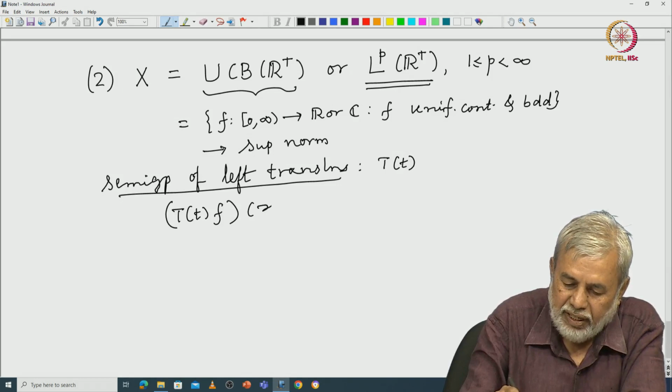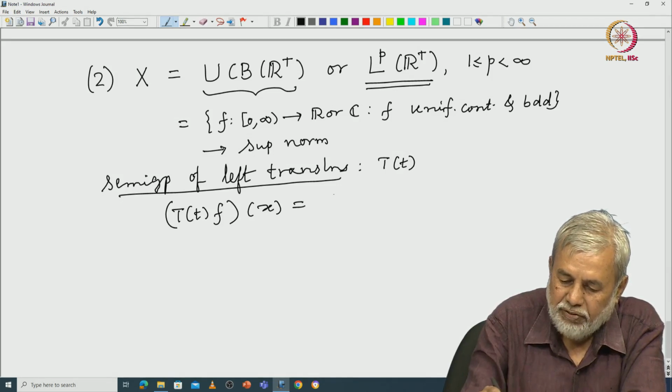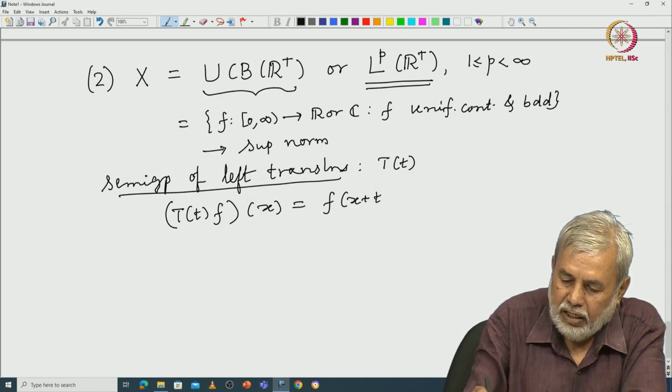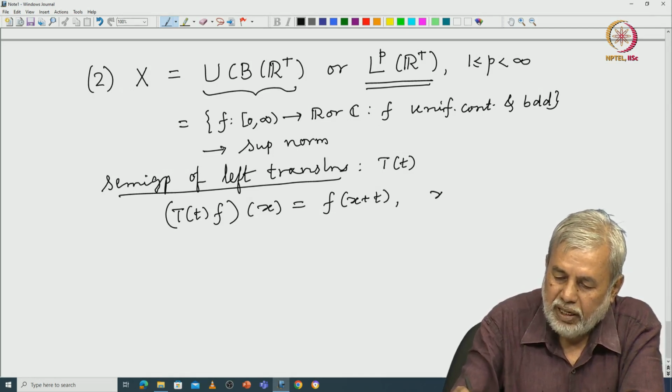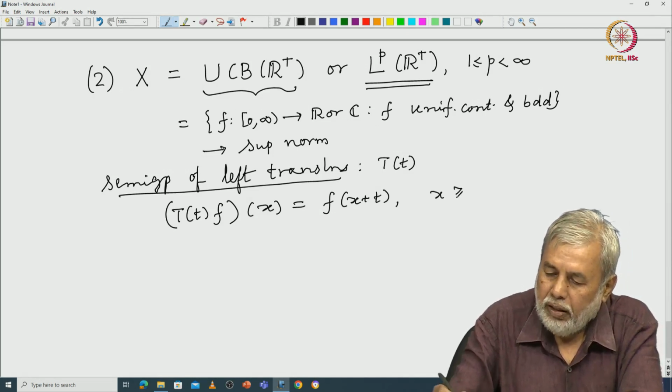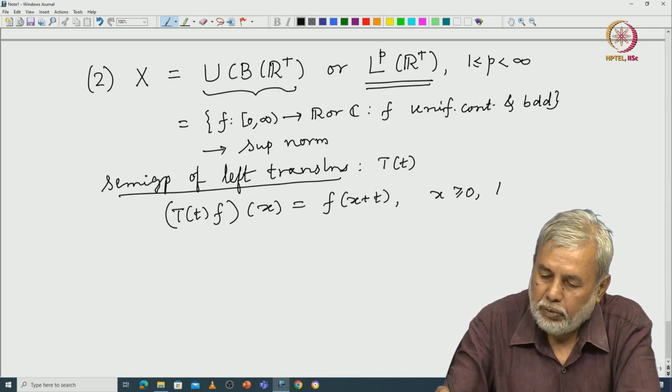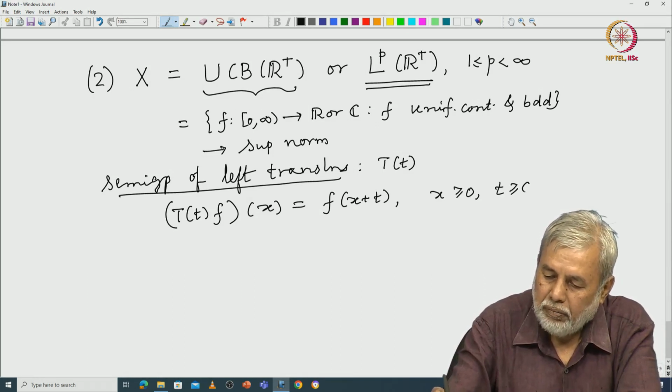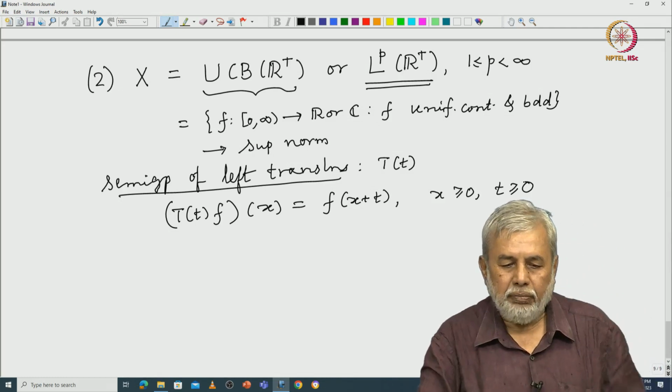So, I just define this as f of x plus t, for x bigger than or equal to 0 and t also bigger than or equal to 0. Okay.